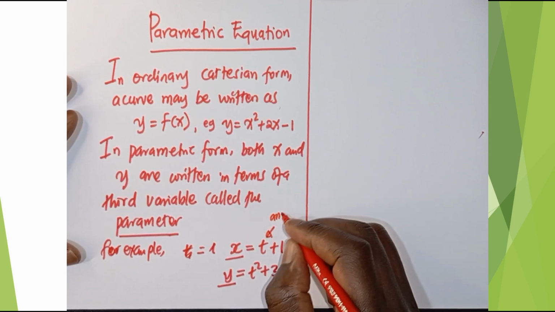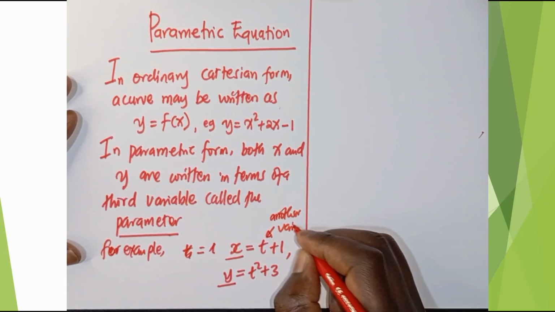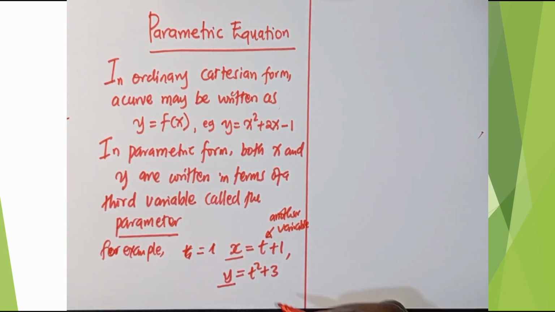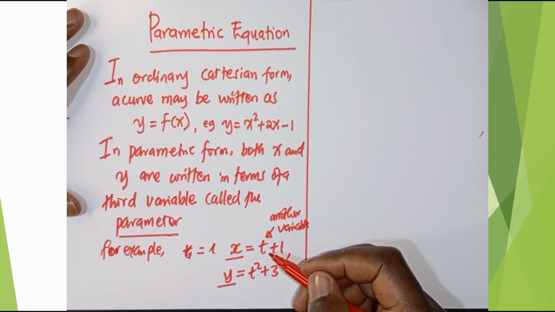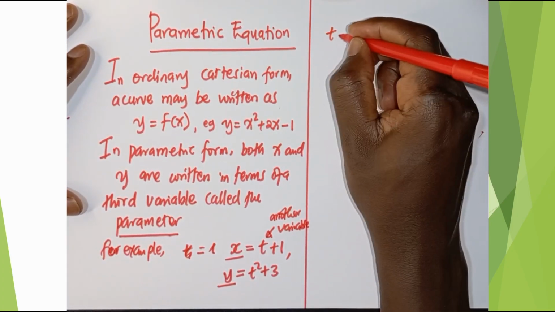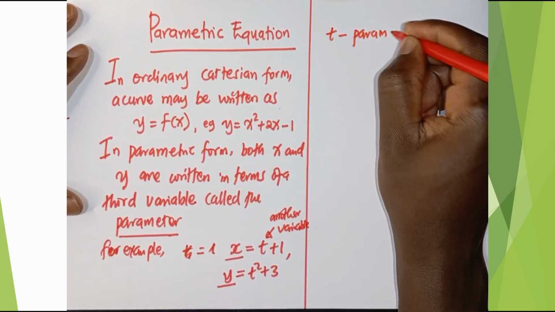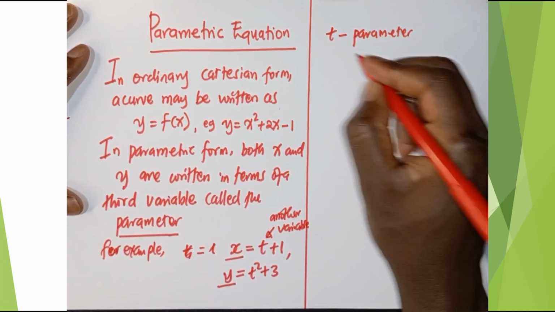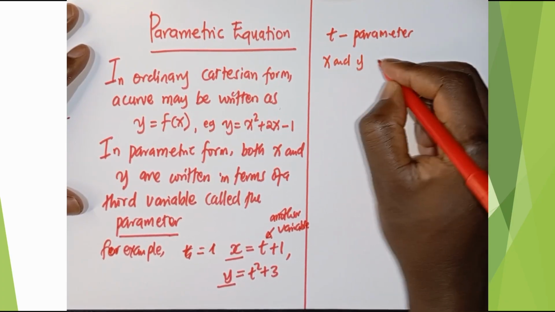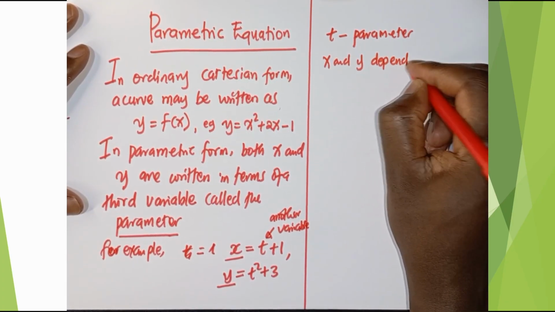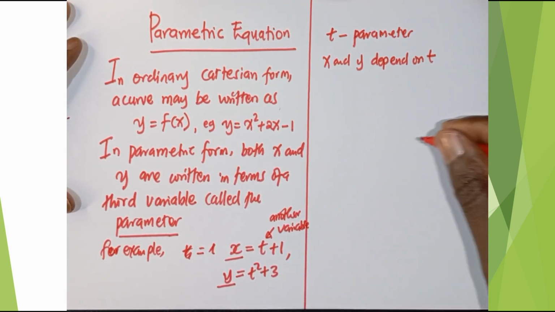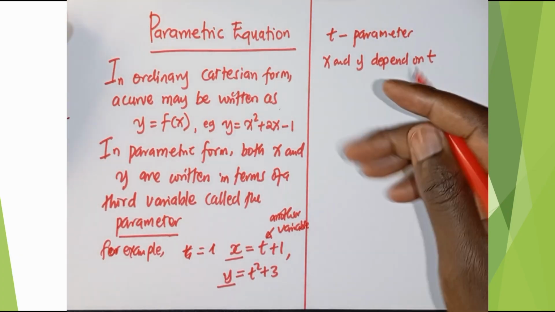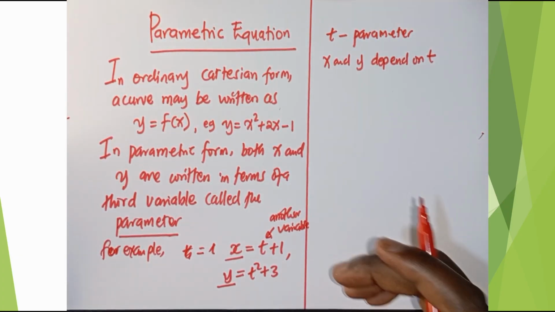This is another variable that is not actually x or y. So t is known as the parameter, and x and y both depend on t. As t varies, x and y also vary. That is the meaning of a parametric equation.